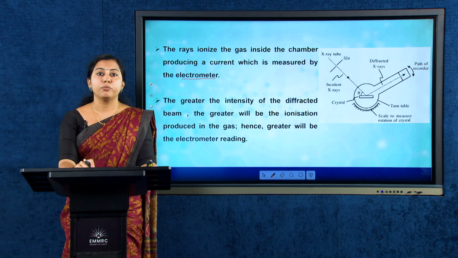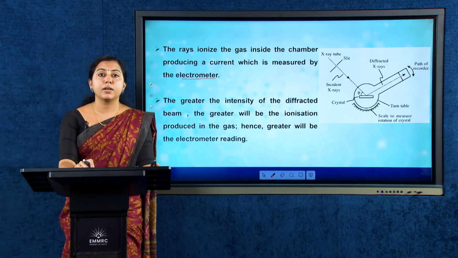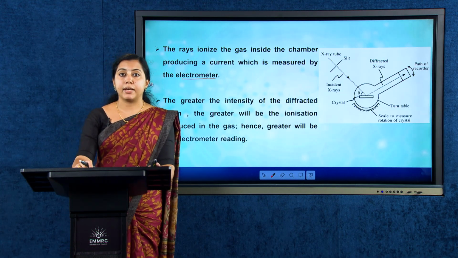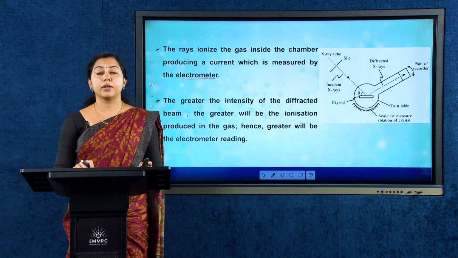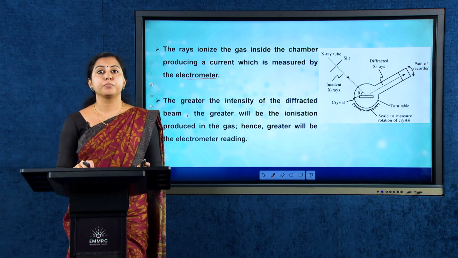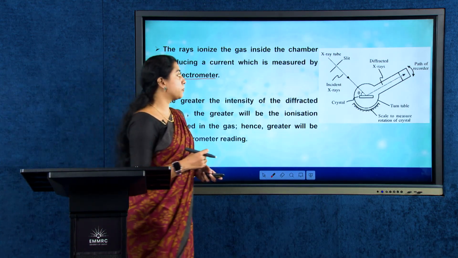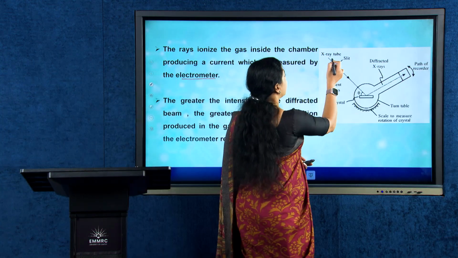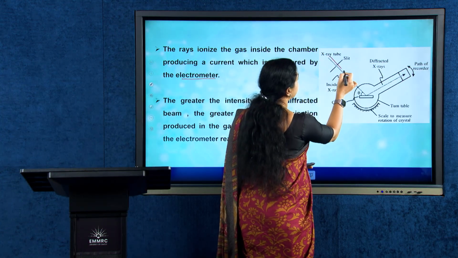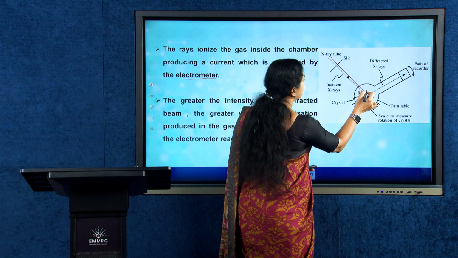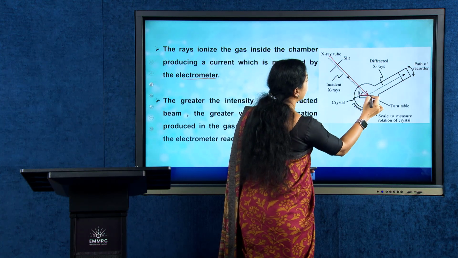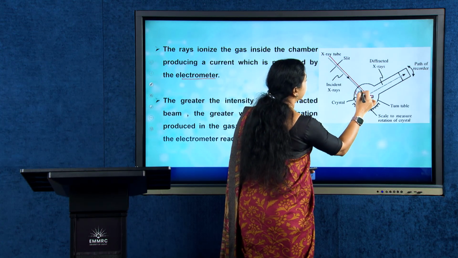Okay. So, we have seen the working of the Bragg's X-ray spectrometer or the rotating crystal method. We have an X-ray tube which produces X-rays, and those X-rays are allowed to pass through a slit to get a narrow beam. The X-rays are allowed to fall on the crystal at an angle theta.